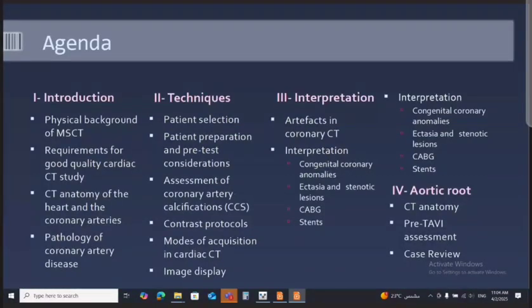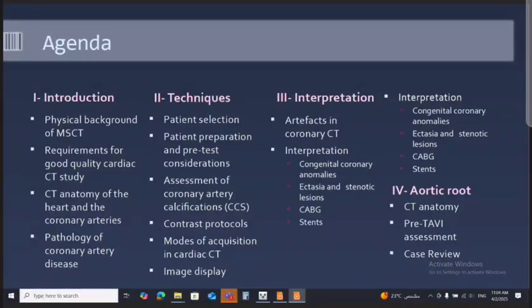This is the agenda that we will discuss today. The sessions will be divided into four sessions. The first one will be an introduction, and we will discuss the physical background of multi-slice CT, the requirements of a good quality cardiac CT study, CT anatomy of the heart and coronary arteries, and the pathology of coronary artery disease. Then we will have a small break.